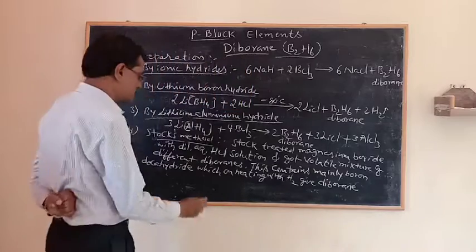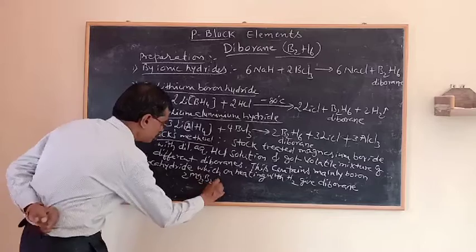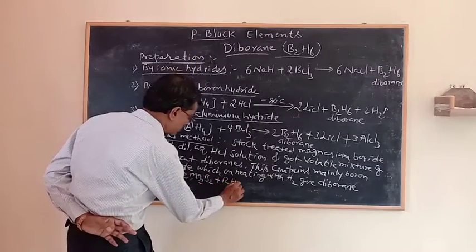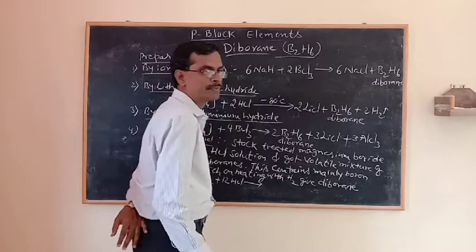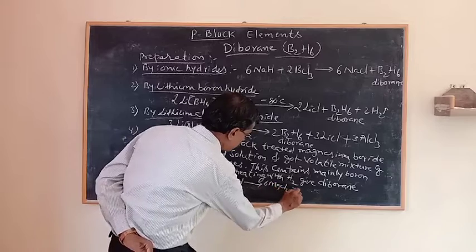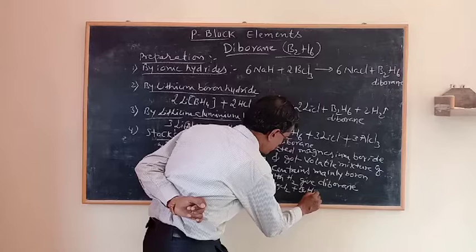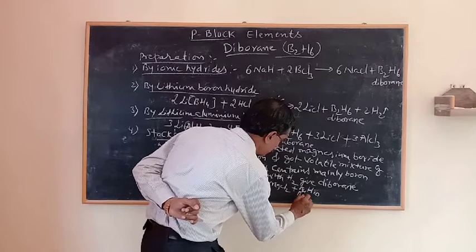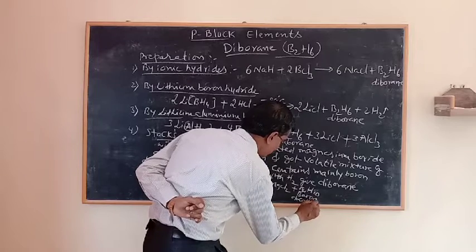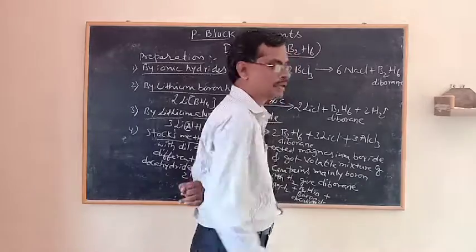The reaction for this is 2 Mg3B2, magnesium boride, reacts with 12 HCl to form the compounds 6 MgCl2 plus boron decahydride plus hydrogen.